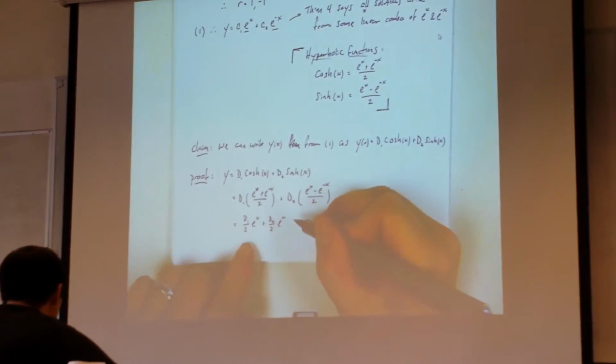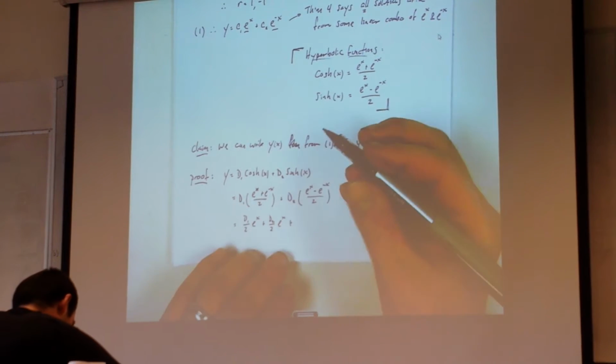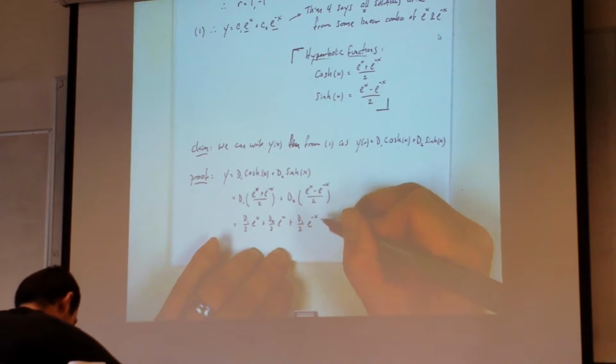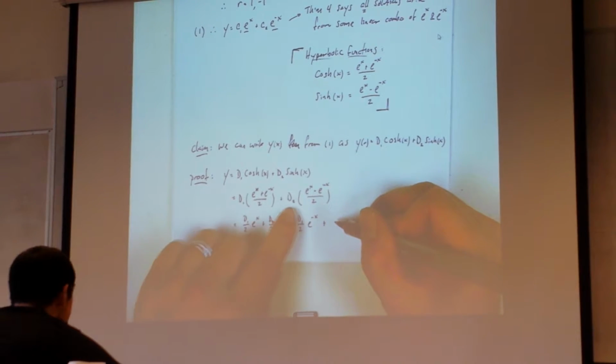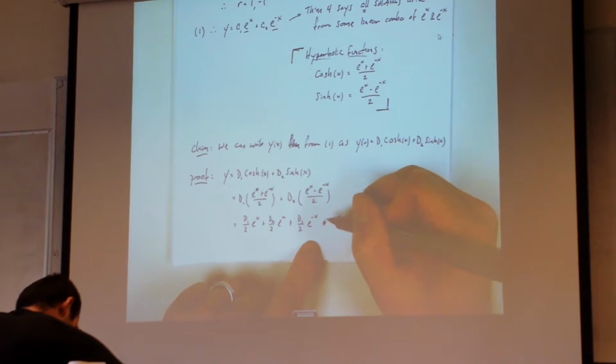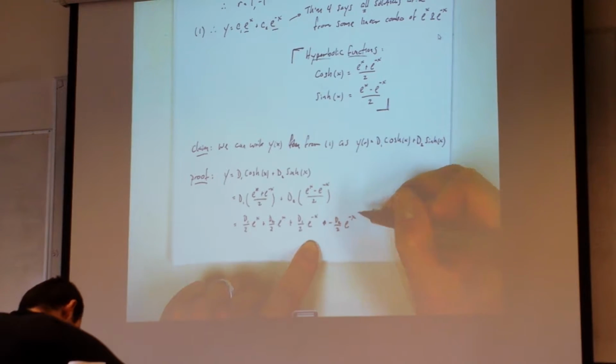Plus, now I'm going to distribute, I'm going to have d1 over 2 e to the negative x, plus, sorry, that's going to be minus d2 over 2 e to the negative x.